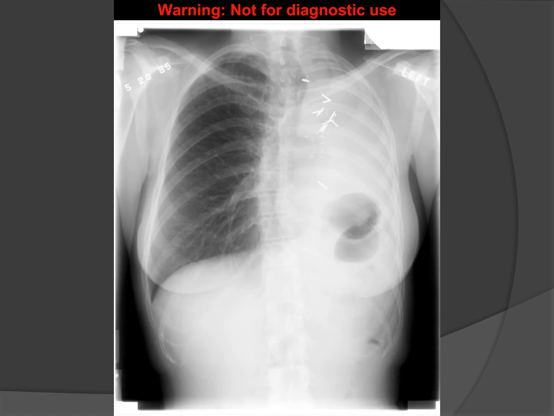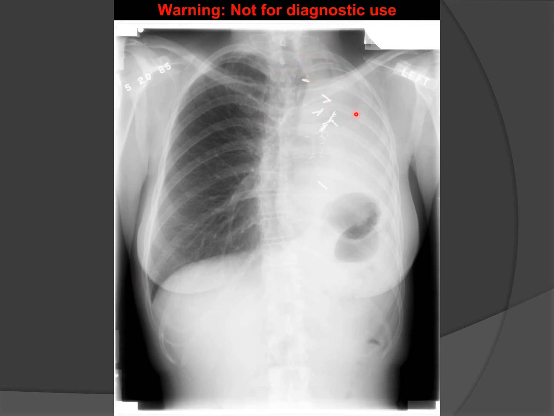Here's another patient that we are looking at, and if you remember from the previous one, when we had the air fluid level, it looked kind of similar to that over here. But what we have here is a little bit different. Again, we can see that the stomach has air in it here, and in addition to that, this lung looks nice and clear, but over here we don't see anything.